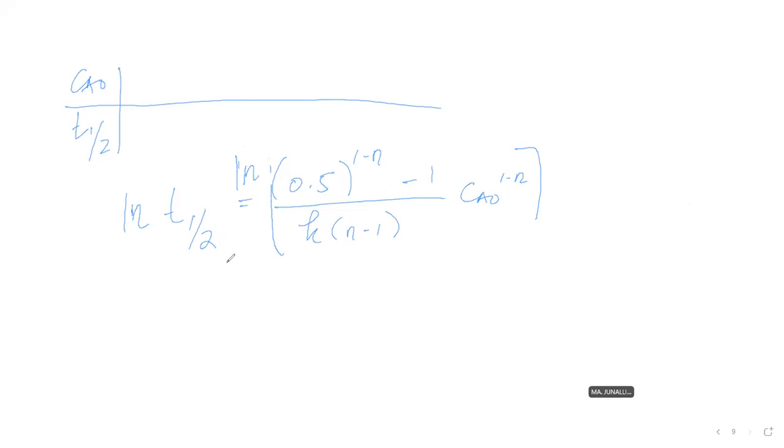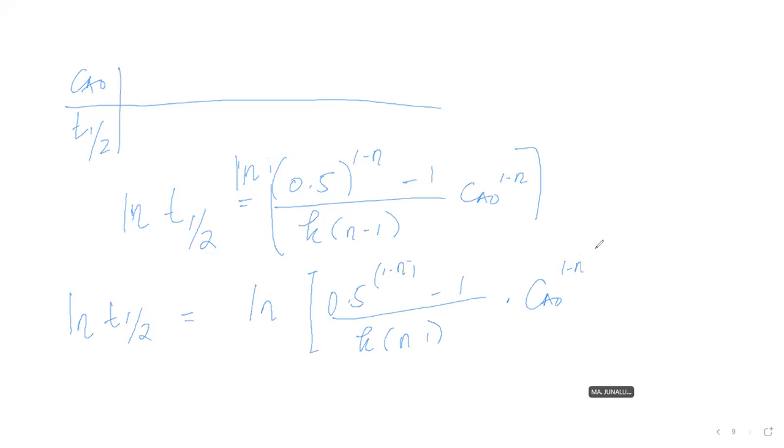What happened here? Okay, so I will have now the ln of the half-life being equal. So if I will use the ln here, automatically, class, this is how it's supposed to be written. So you will see 0.5 raised to 1 minus n minus 1 over k times n minus 1, and I have here CAO raised to 1 minus n. The entire expression now is the argument of the ln.